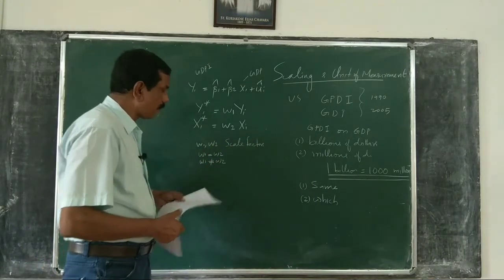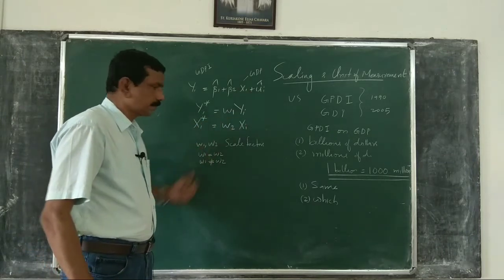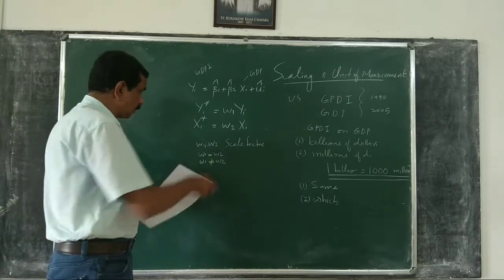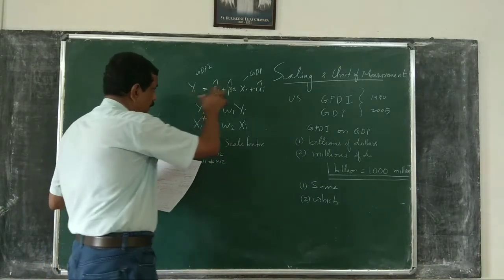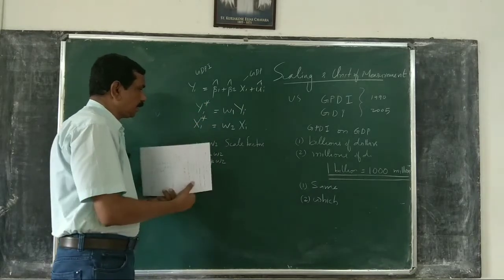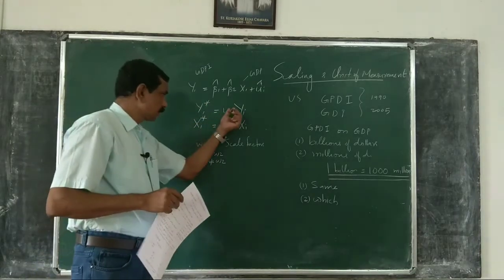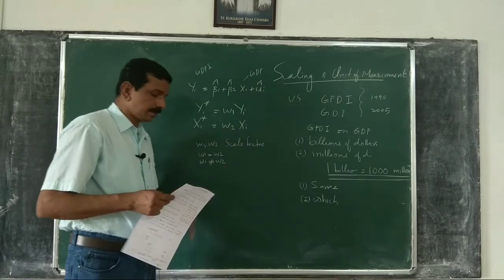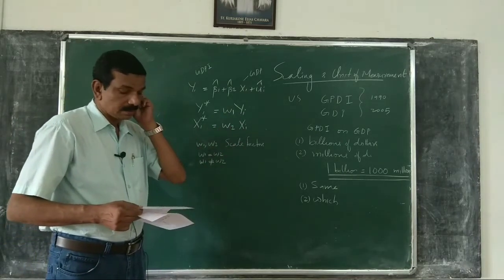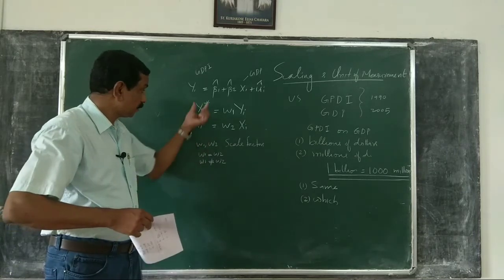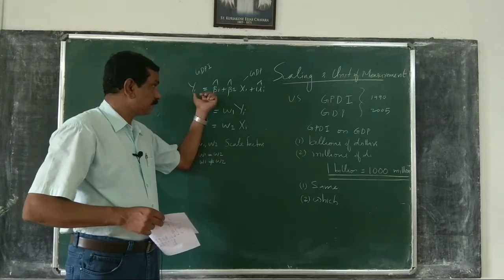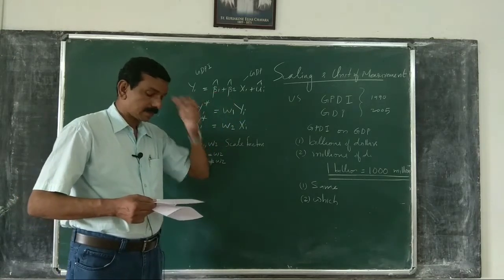Now, as it is clear, suppose that we have this yi and xi, now y star i and x star i, multiplied by W1 and W2, and as W1 and W2 are known as scale factors, we can say that y star and x star are rescaled values of yi and xi.